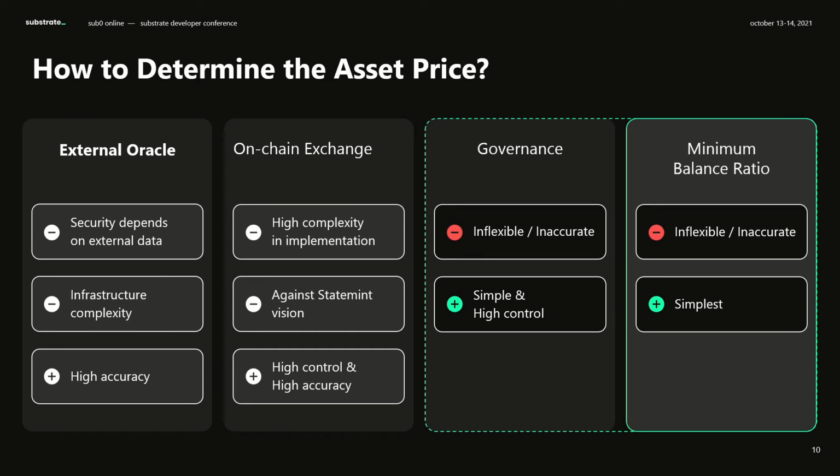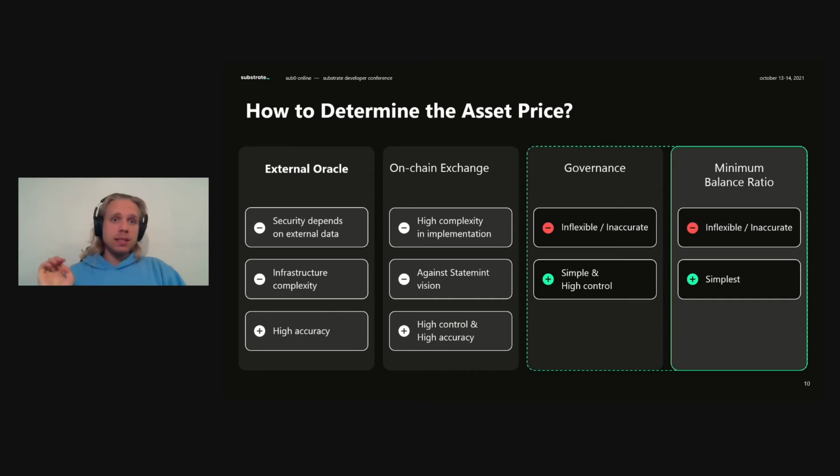For both, we have this minimum balance that will determine whether it's worth it to keep the account around. The ratio between those two will somewhat approximate the price ratio between the two, and will allow us to determine fees that are roughly correct. This will not be an incredibly great price oracle, but what we need to do is charge fees that are high enough to avoid DOS attacks, right?